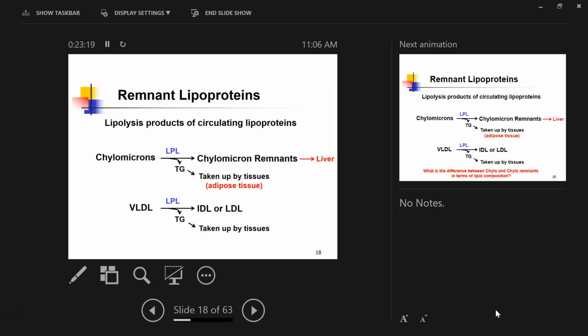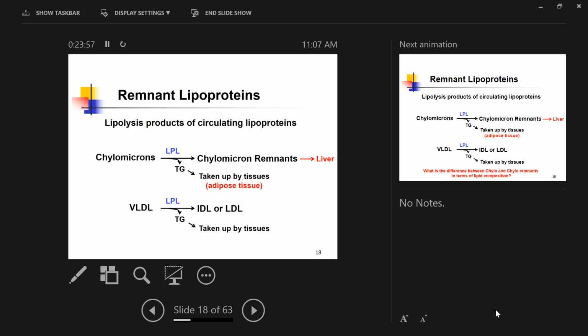So for example, chylomicron, I just described, is synthesized in the small intestine and carries triglyceride and transports the triglyceride to the adipose tissue, and triglyceride in the chylomicron is hydrolyzed by LPL and released as fatty acids, and fatty acids are then taken up by adipose tissue, right? So chylomicron then becomes the chylomicron remnant.